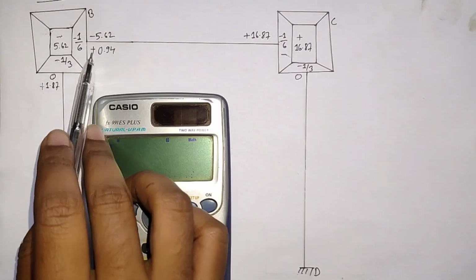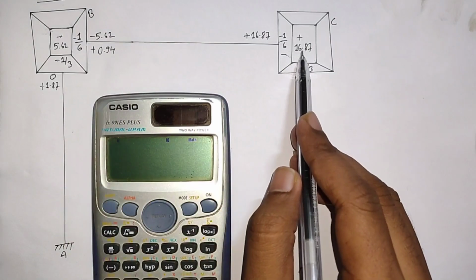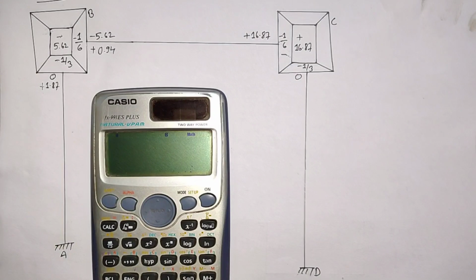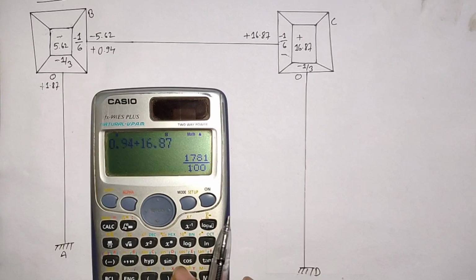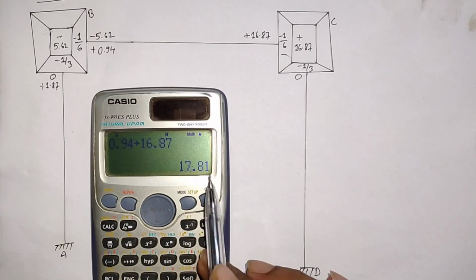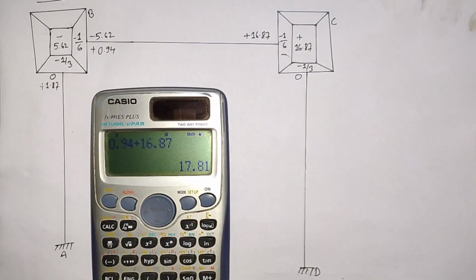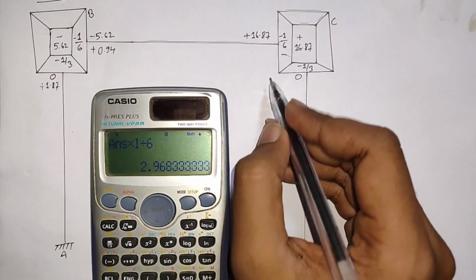Now guys, add this 0.94 to 16.87. These both have a positive sign, so they will be added. So 0.94 plus 16.87, and the total will be 17.81. Now multiply this 17.81 by 1 by 6, and we get 2.96.